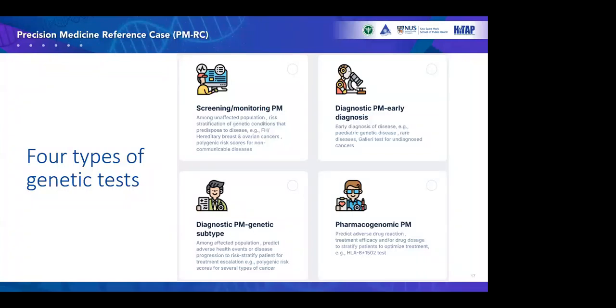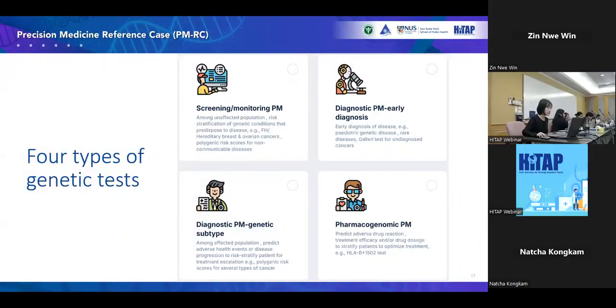For example, whole exome sequencing can be used for early detection of a disease, or for the genetic subtype of an already diagnosed disease. So it has 2 types of applications, and you can choose the one you're interested in. No matter which one you choose, the recommendations will apply to all, with specifications made for certain types of genetic tests.